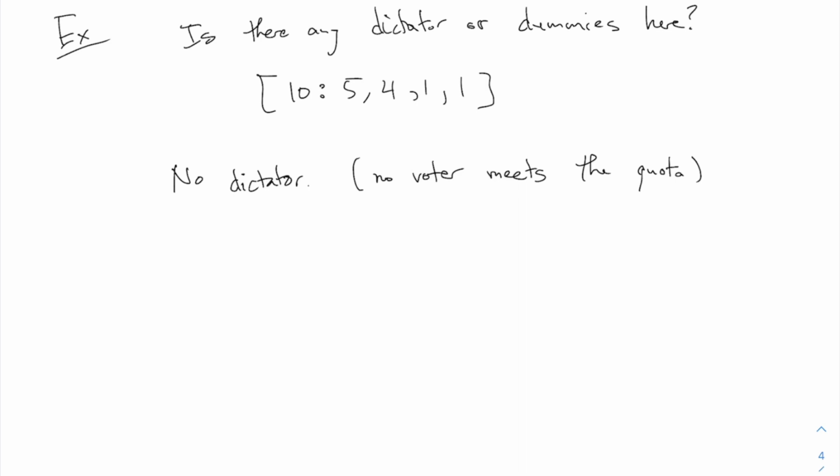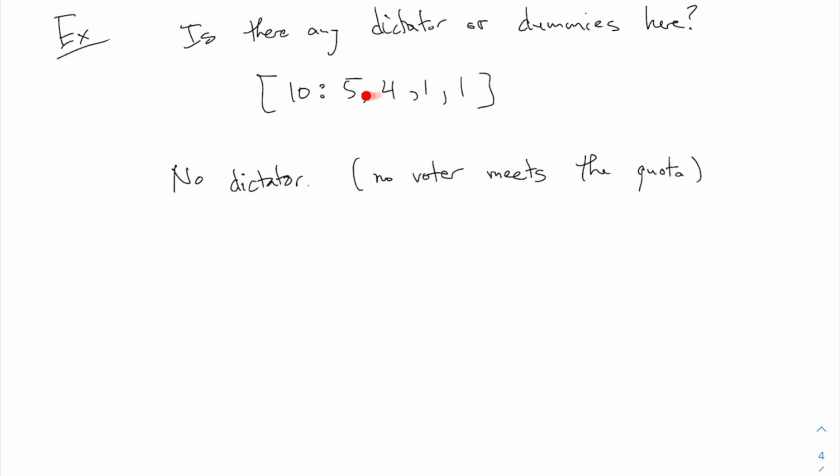What about a dummy? You should be looking at the ones, right? And ask yourself, are the ones completely powerless here? Or are there some scenarios in which the vote of the one actually can make a difference? Can you say, what exactly is the scenario in which the one would matter? Yeah, actually the ones are necessary in order to get to 10.